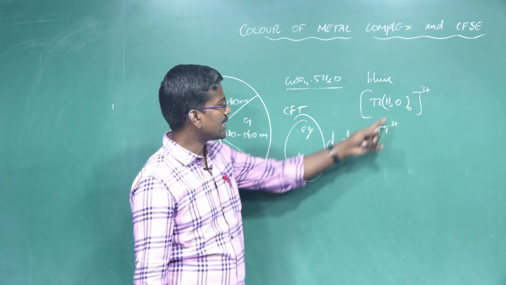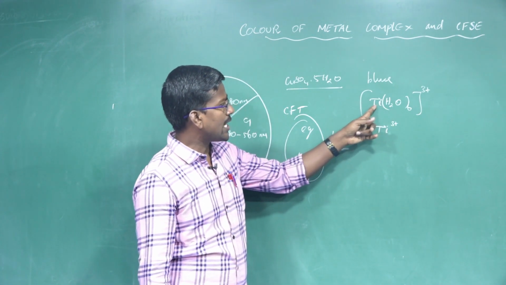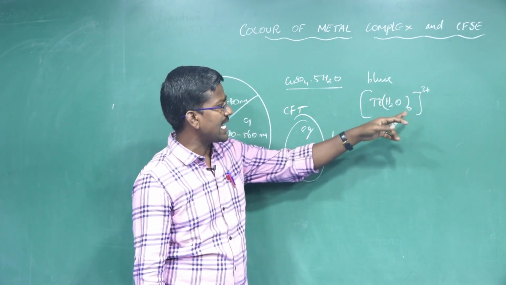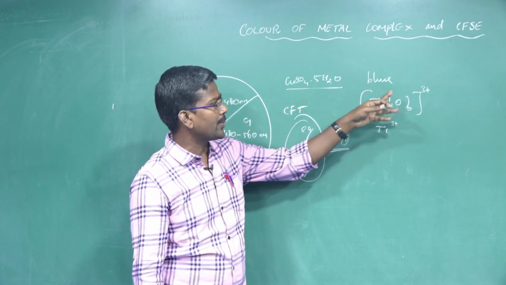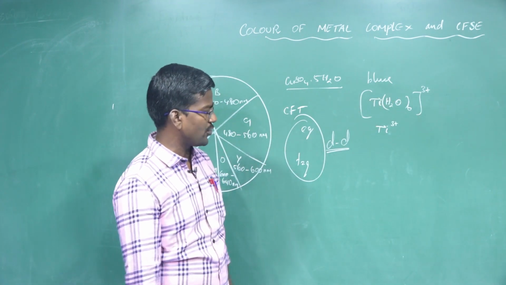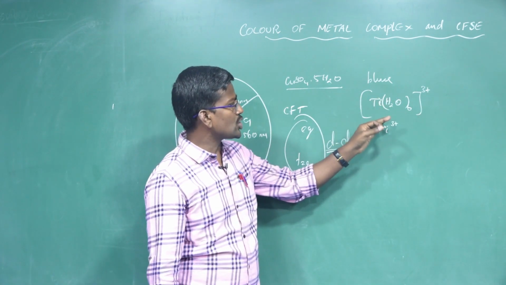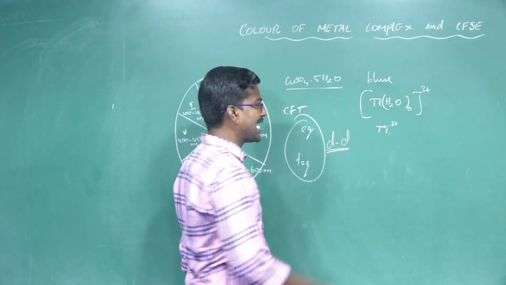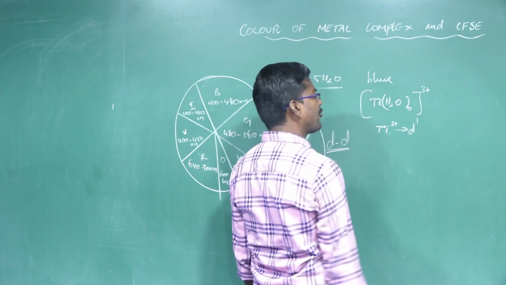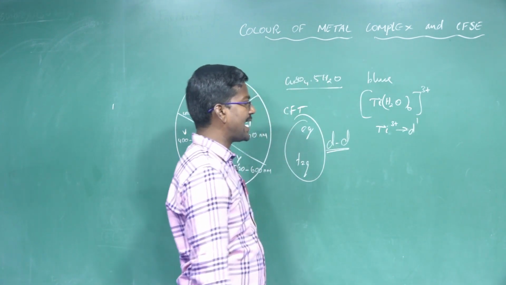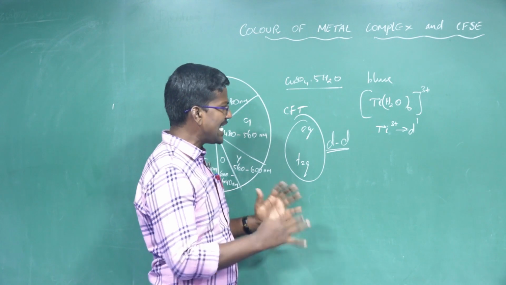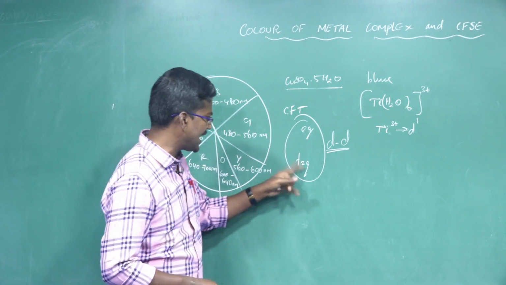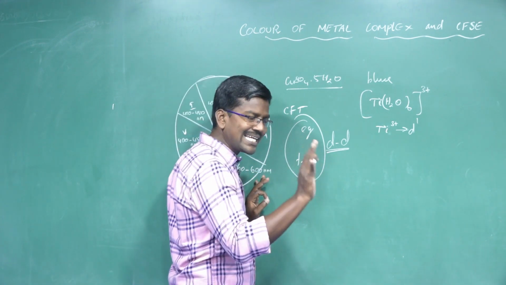Its IUPAC name is hexaaquatitanium(III) ion. The titanium 3 plus ion has a d1 configuration, with only one unpaired electron present in the t2g energy level, in the dxy orbital.